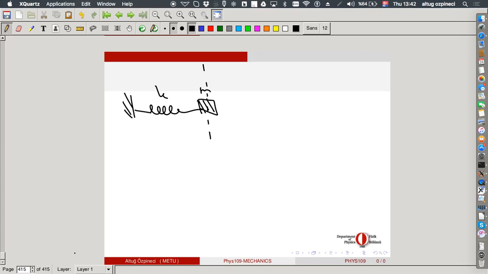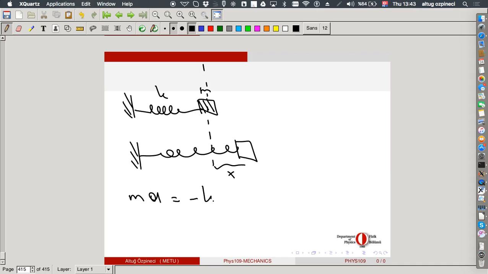This is its equilibrium position, and if you just displace it slightly and release it, let's say this is x, the time dependence of its position you can determine from the equation that it will satisfy from Newton's second law, which just tells us that m times a should be equal to minus k times x, or m times the second derivative of x is equal to minus k times x itself.